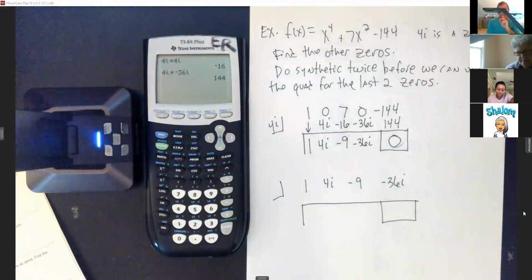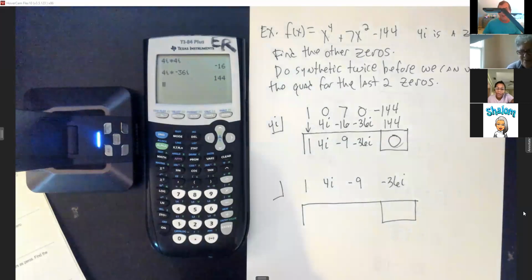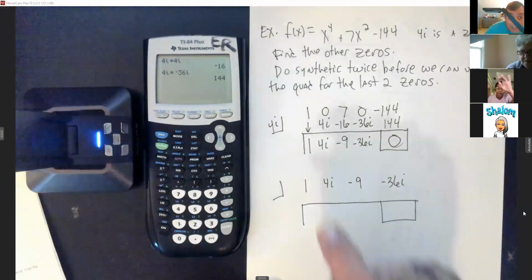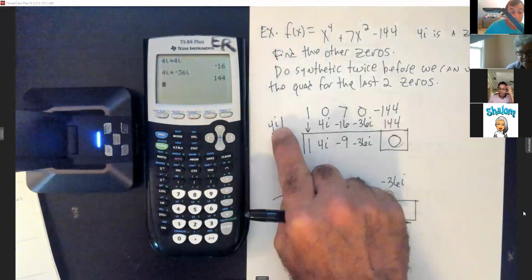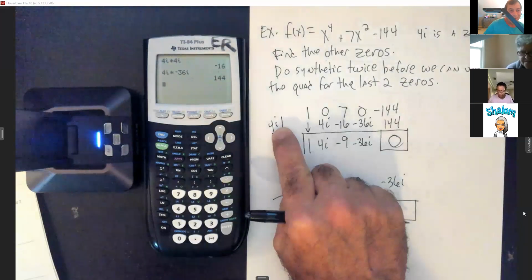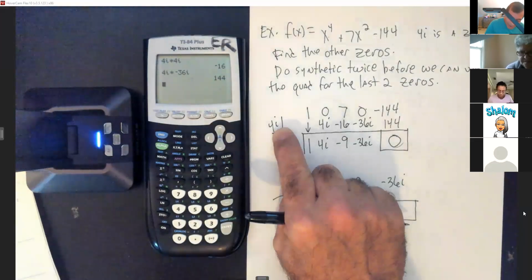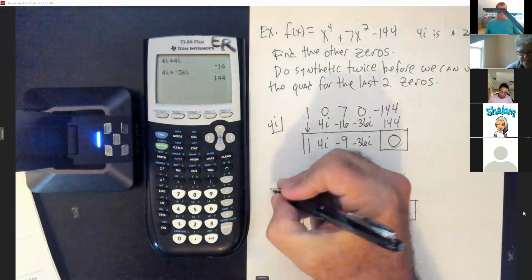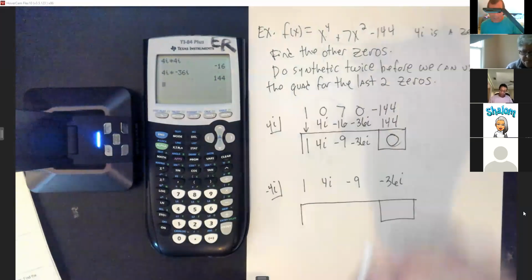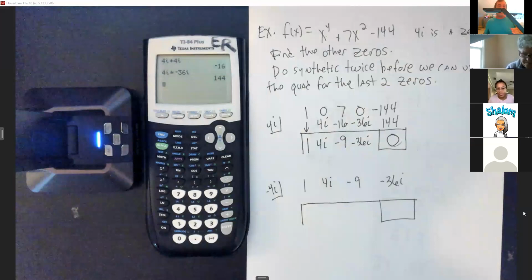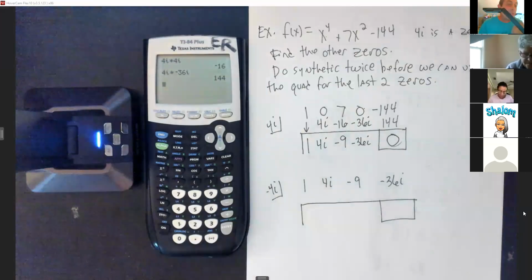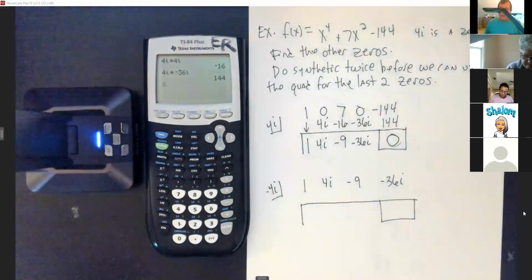Is it going to be 2 or 3? Check this out. If 4i is a 0, then who else should be a 0? The negative 4i. So I'm going to use negative 4i next. Remember, if I give you an imaginary zero, the next zero has to be its conjugate. Okay?